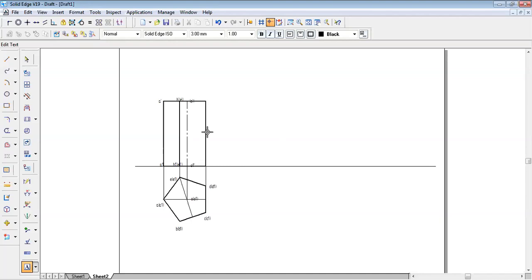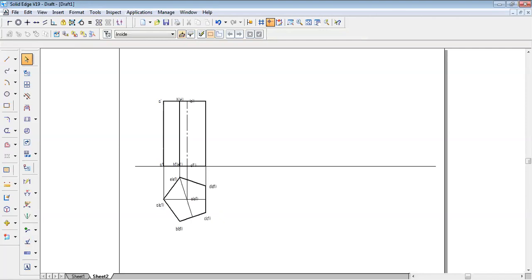And here C will be visible when standing from here. C will be visible, D will be invisible. I'm seeing from this side, so C first I can see. D will become hidden. Okay.